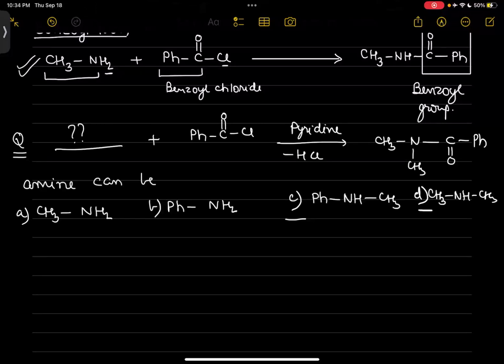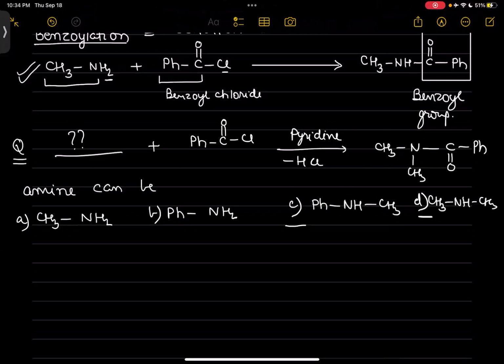Look at what is there on the nitrogen in the product. Oh, sorry, option D. Yes, absolutely correct, because only the hydrogen and the Cl got removed. So this is dimethylamine.